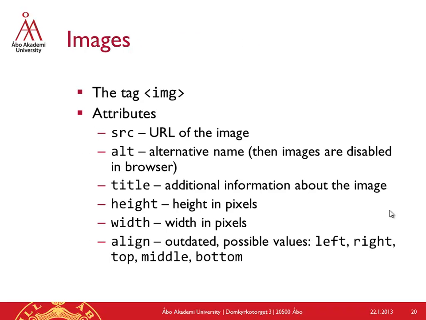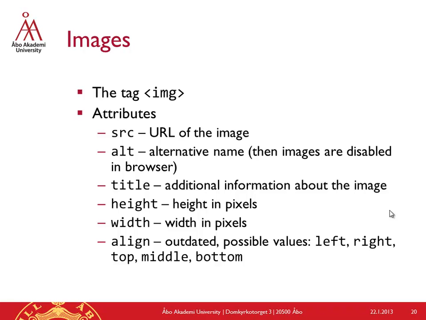And now images. Well, probably everybody knows how to use images. You have to use tag img, and you have to provide some attributes like src, the URL to the image. Well, it's quite the same as the URL in links, in anchors. Also, you have to provide an alternative name for this image. Why is it quite useful?